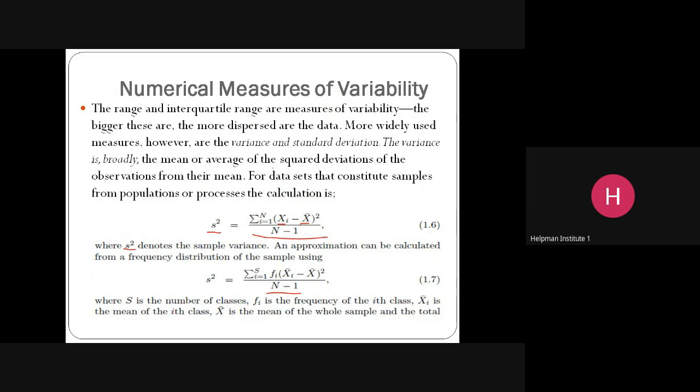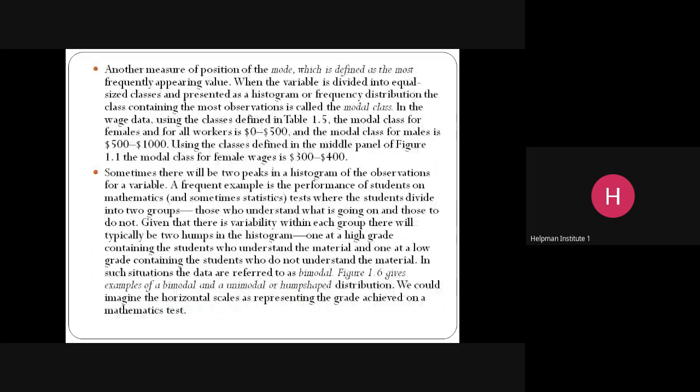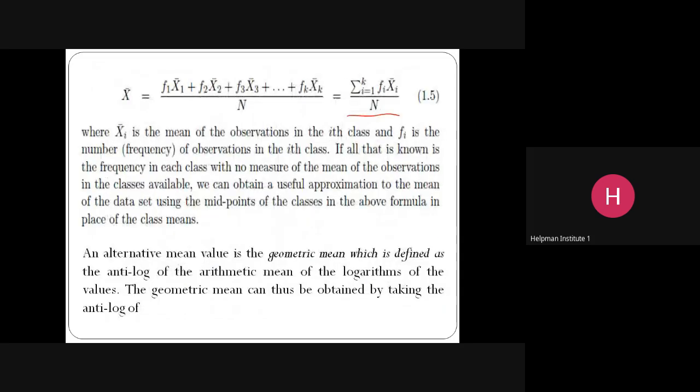When we take the square root of this formula, it gives us the standard deviation. So whereas the variance is the square of the deviations from the mean, the standard deviation is the square root of the variance.